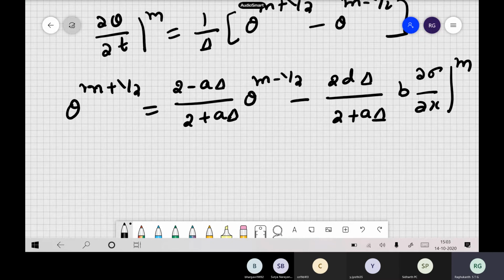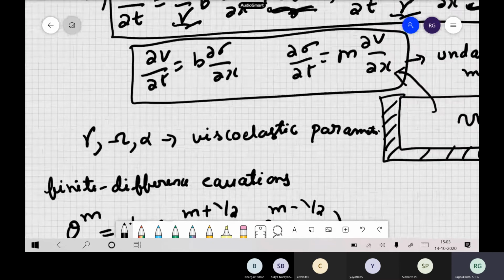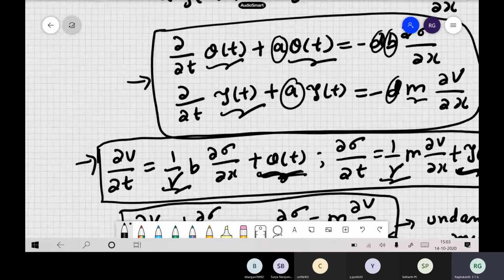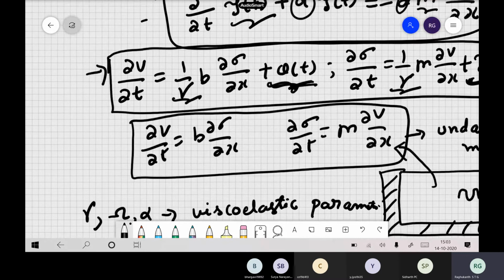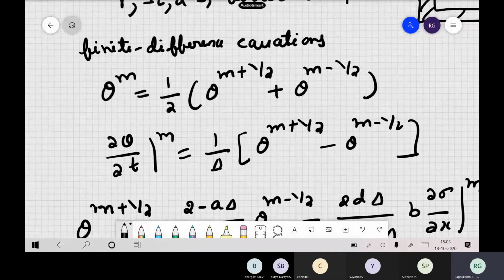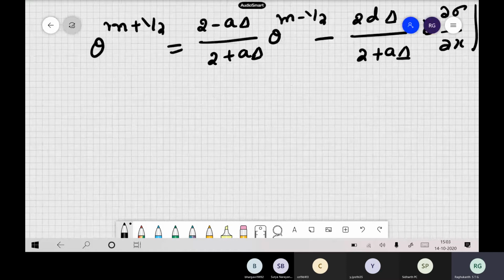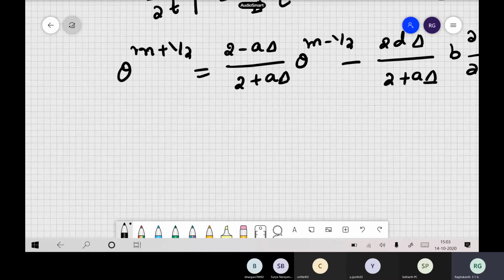So this is the final difference equation for theta. So we are writing it in a finite difference format. Now this equation also you can write in a finite difference format. Of course you can do some algebra and write it in a nice fashion. Now we substitute and you can do it nicely.